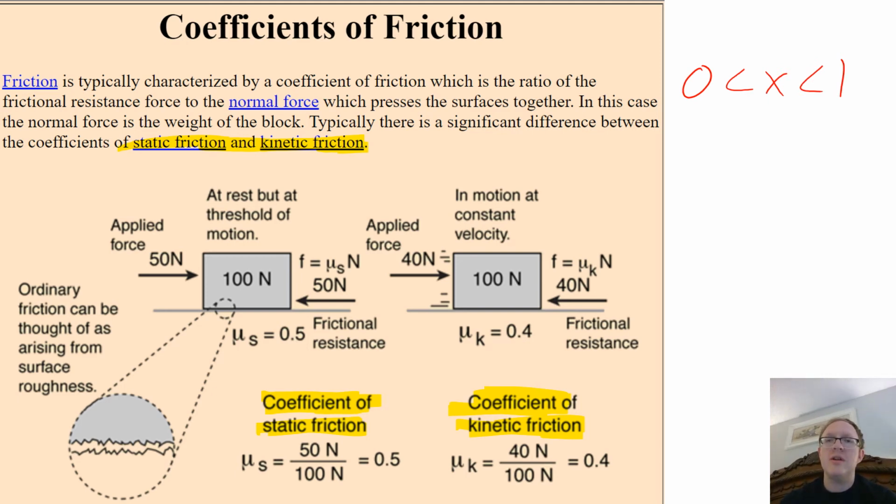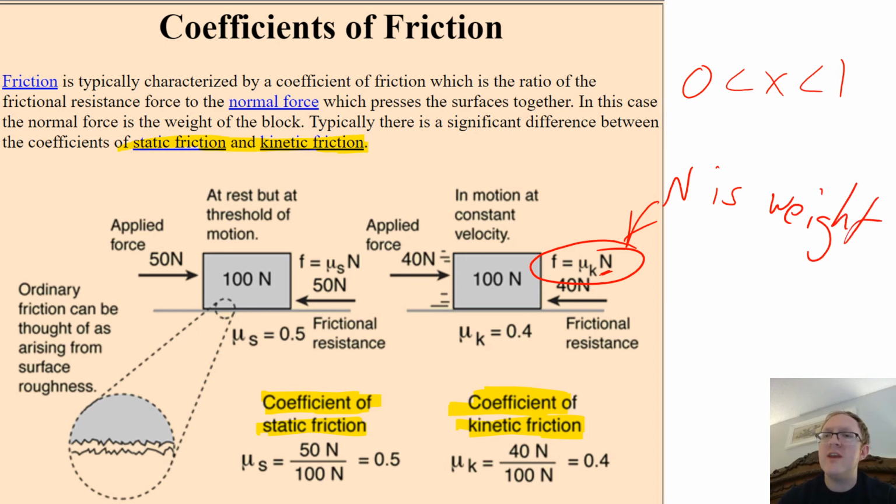Basically the way physics works is the weight of the object multiplied by the coefficient gives you the force. N just means weight in newtons. So that's the idea.